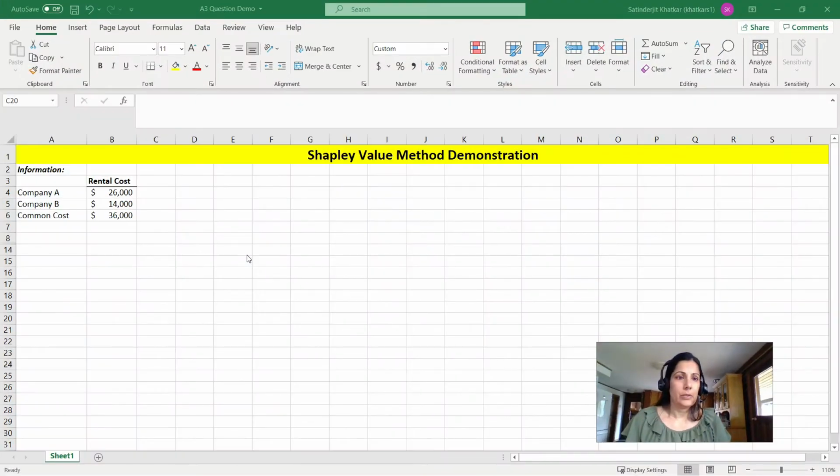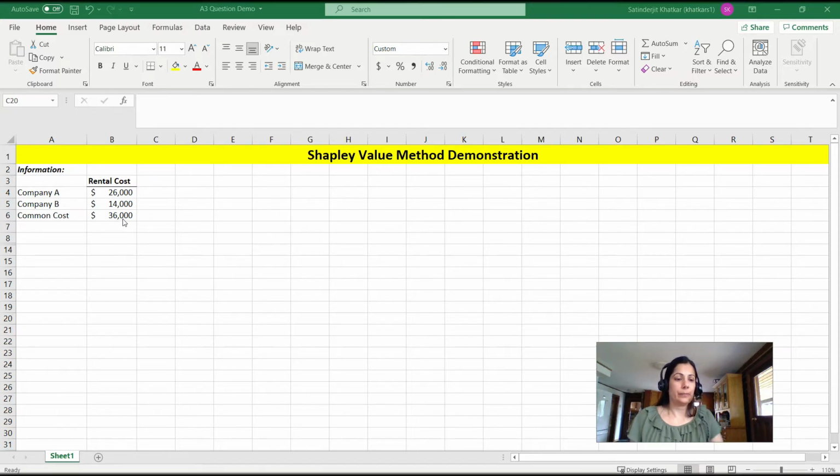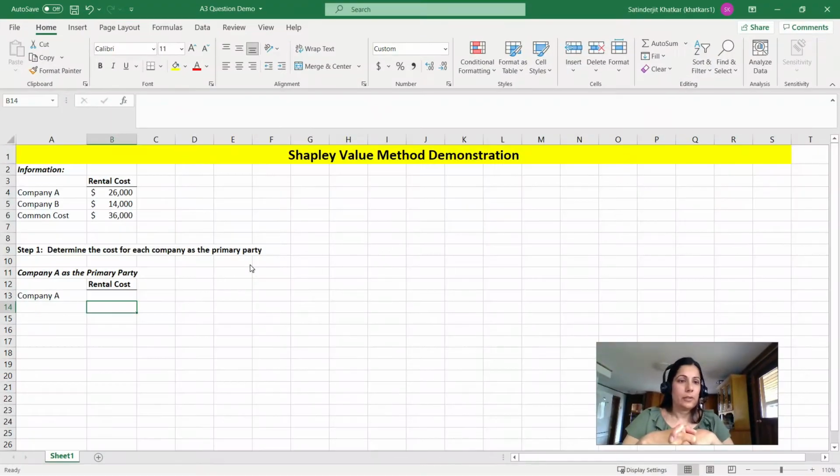I'm going to demonstrate how to solve using the Shapley value method in the Excel that I have up on the screen. I've taken the information provided and I've just input it. Again, Company A can rent the equipment on their own for $26,000. Company B can rent on their own for $14,000, or the two companies can share the rental cost at a cost of $36,000. So the first step is to allocate costs assuming each company is a primary party.